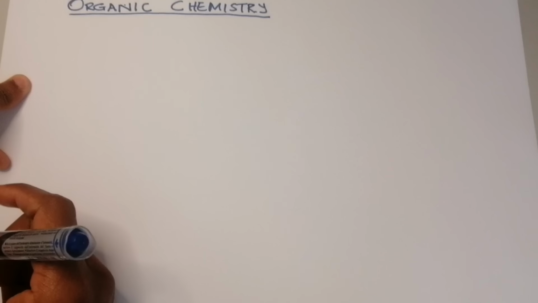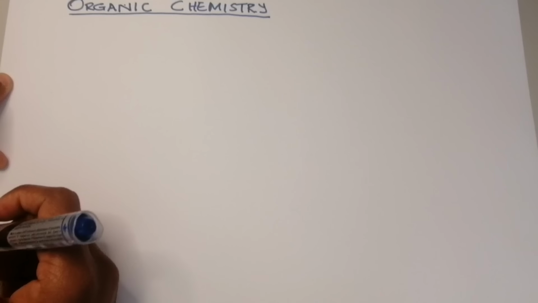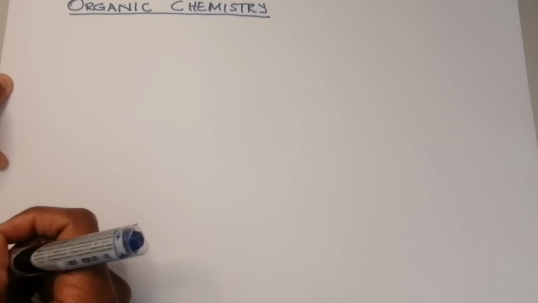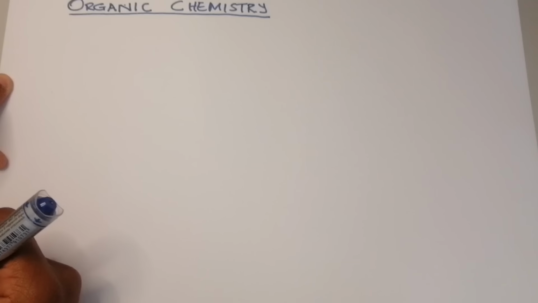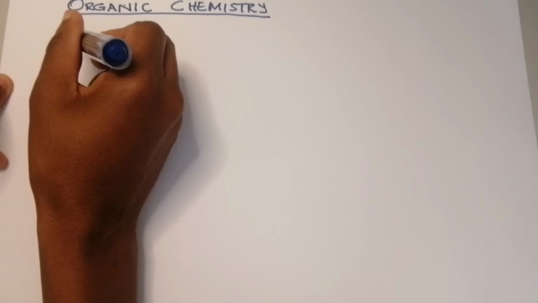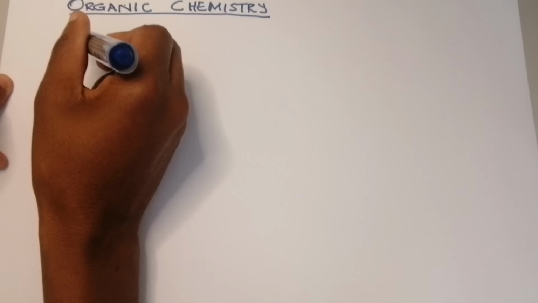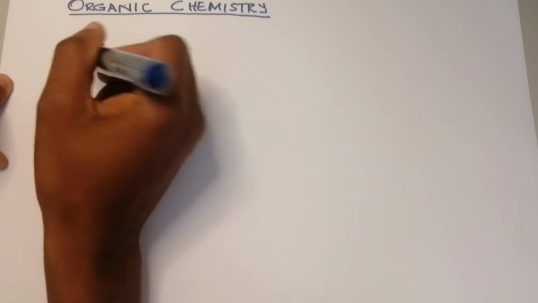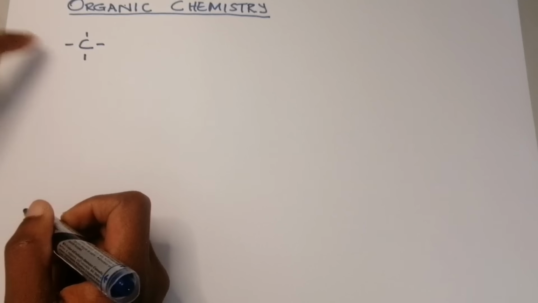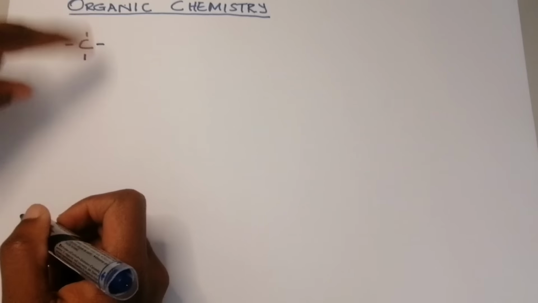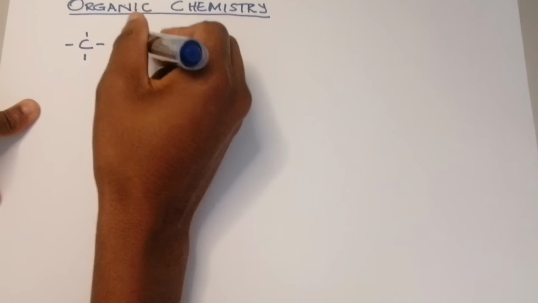What do we base our prefixes on? We base our prefixes on the number of carbon atoms that are there on the compound. So, for instance, if I've got one carbon atom, you must just keep in mind that carbon has 4 bonds or 4 valence electrons, so it's able to make 4 bonds around it.